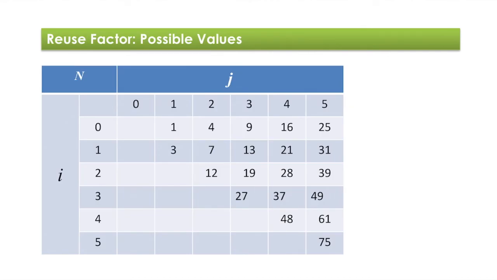Now let us see what are the possible values of n, that is the possible cluster sizes. If we consider i and j equal to 0, that means n equal to 0, so in that case it has no meaning. Again, if we see the cluster size when i equal to 0 and j equal to 1, in that case n will be equal to 1.